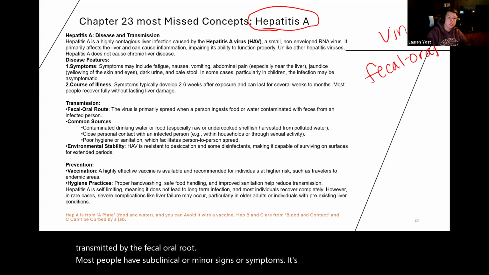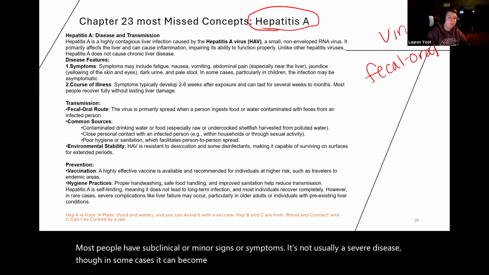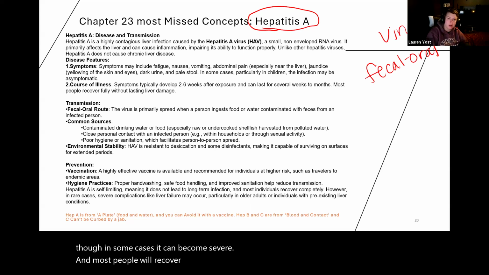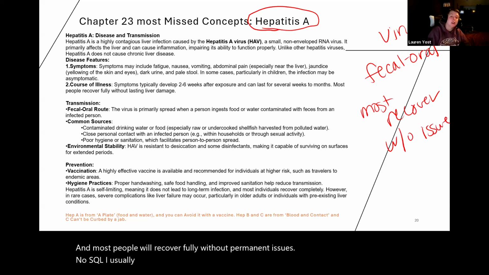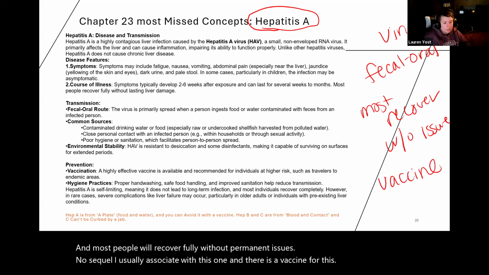It's not usually a severe disease, though in some cases it can become severe. Most people will recover fully without permanent issues. No sequelae usually associated with this one. And there is a vaccine for this.